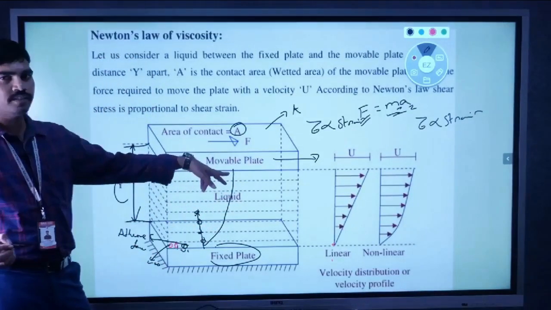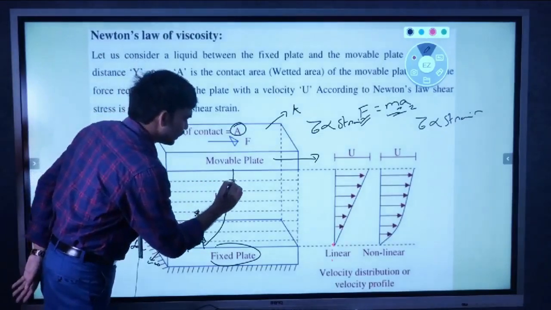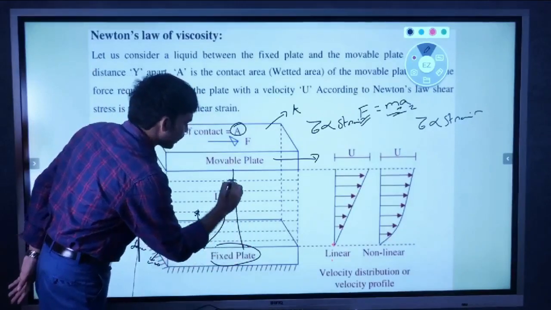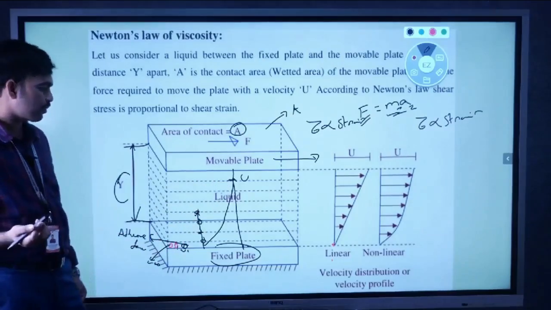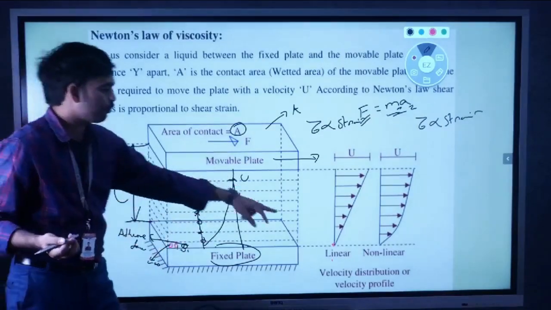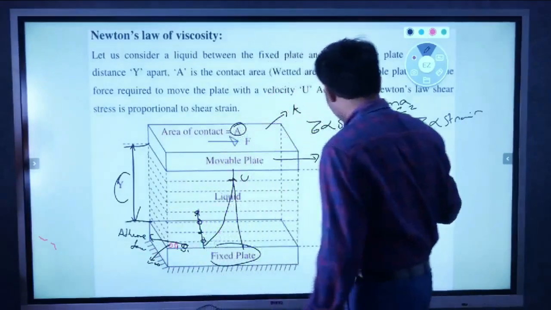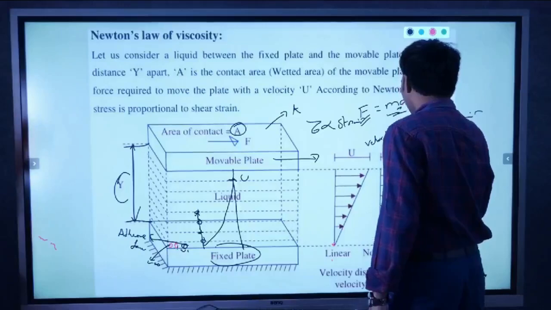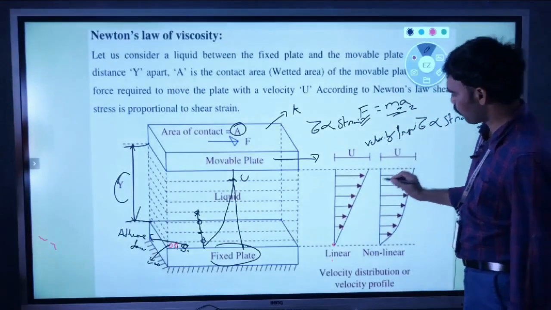At some distance, there is no influence of the solid surface, so you get the free stream velocity, that is u. So this is the velocity profile. This is a velocity profile.